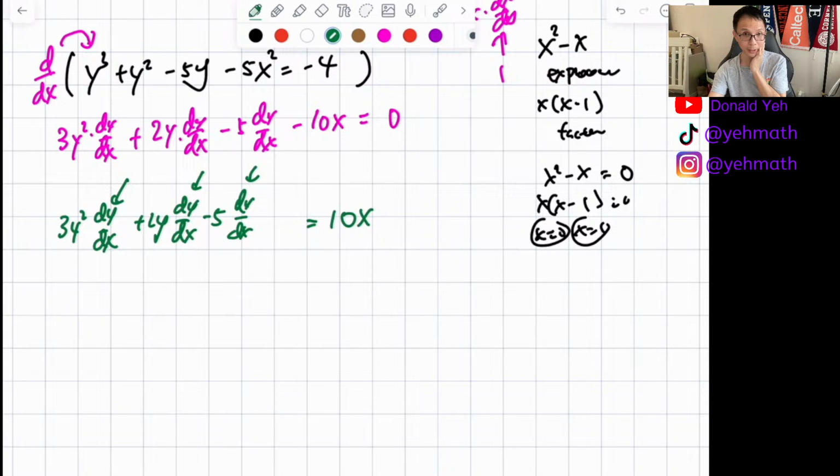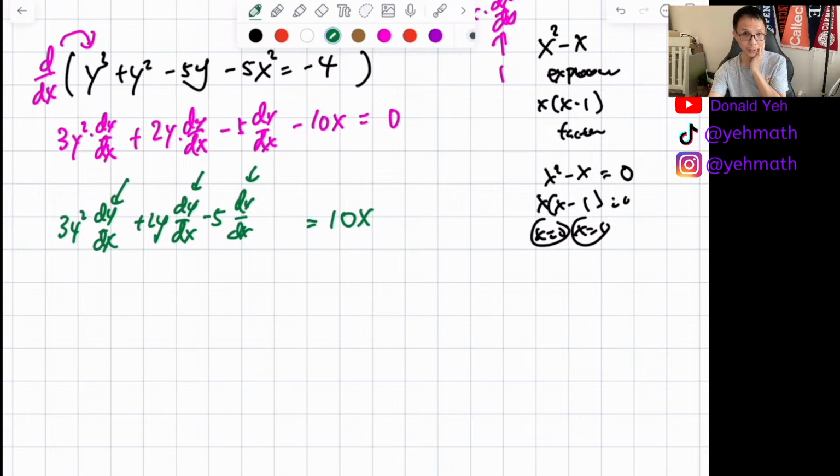Now, if you ever want to find a vertical tangent, you set the denominator of dy/dx equal to 0. That will be a vertical tangent. Okay, so that's just for future reference.